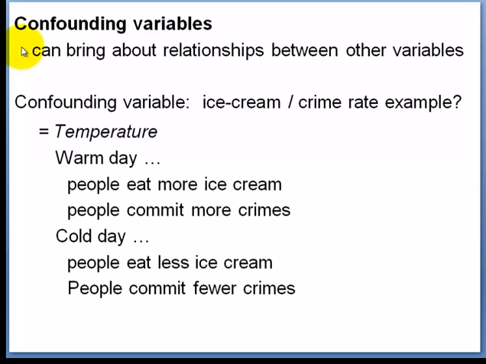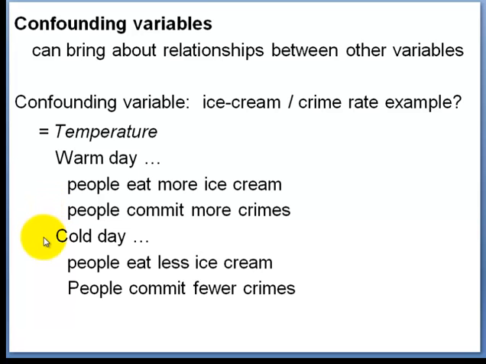A confounding variable is a variable that can bring about a relationship between two other variables. So what's the confounding variable in our ice cream crime example? Well, you've probably guessed that it's temperature, which is to say that on warm days, people eat more ice cream and people commit more crimes.